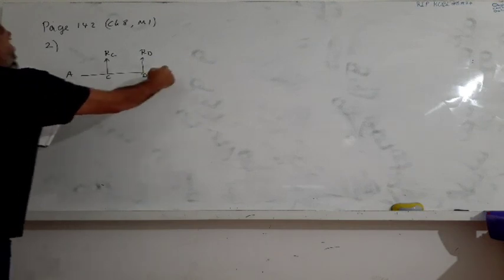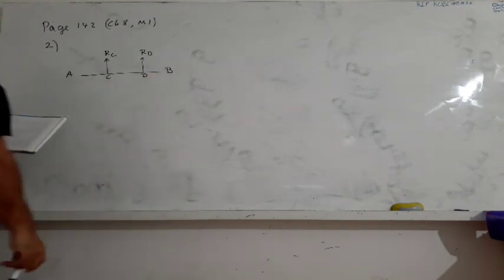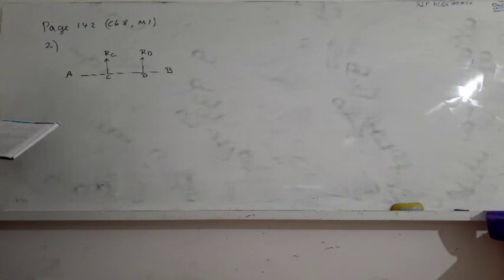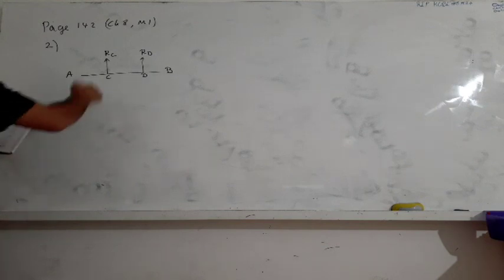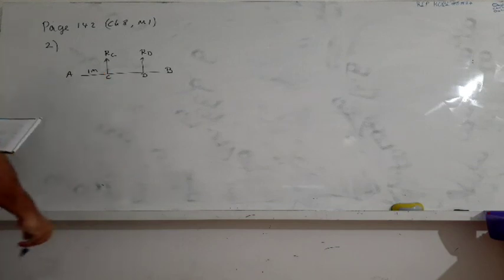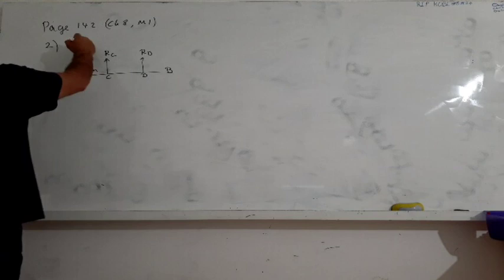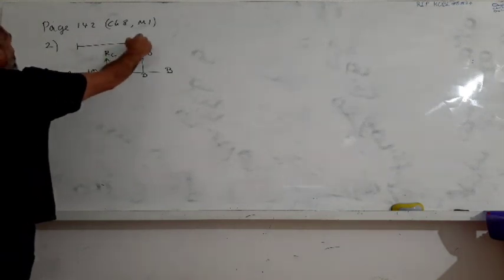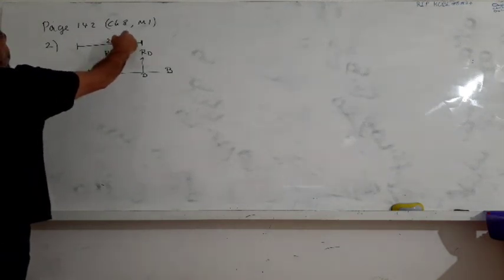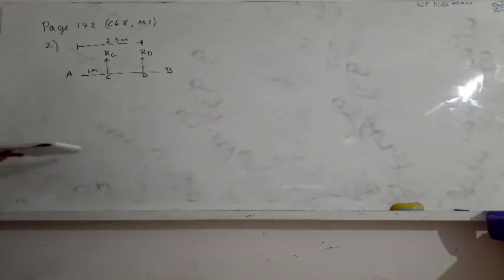AC is 1 meter, and AD is 2.5 meters. Remember, we have to know the lengths corresponding to point A, because we are going to take moments about A. That's a very important point for us.